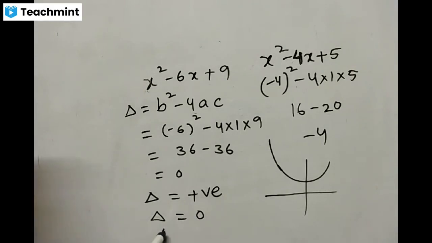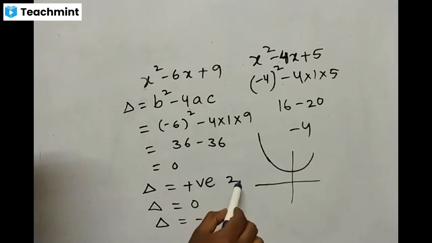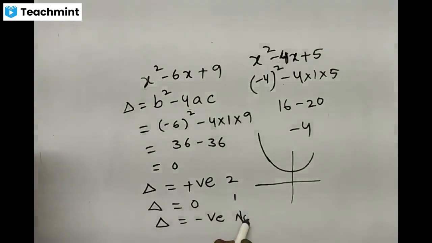If delta is 0, the graph is touching the x-axis at how many places? 1 place. Delta is negative. Not touching. At one place also it will not touch.